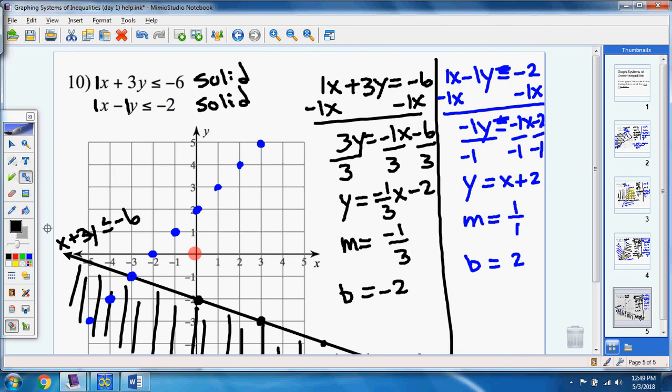Let's make our solid line. Label it. X subtract y is less than or equal to negative 2. We're going to test to see if we get a true or false statement.